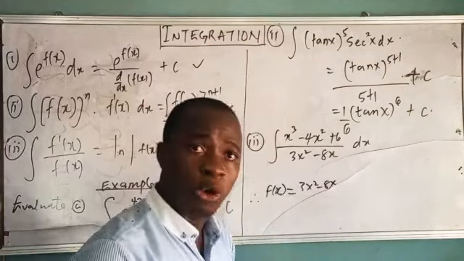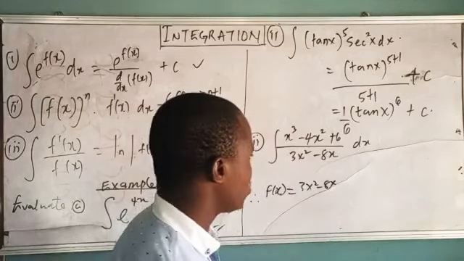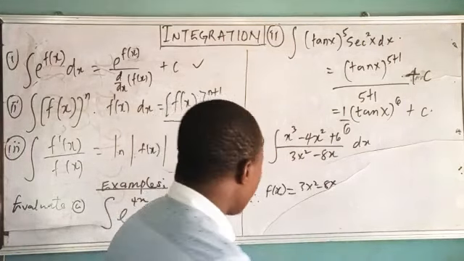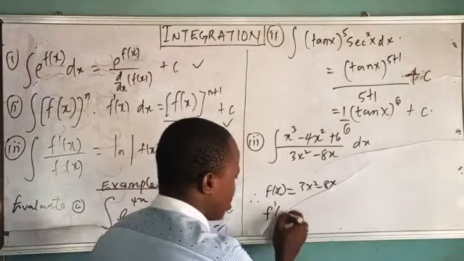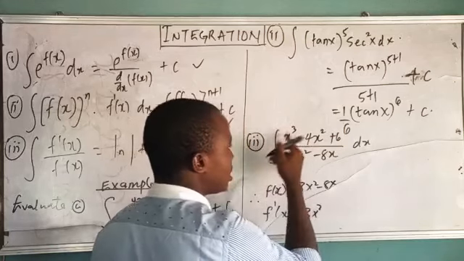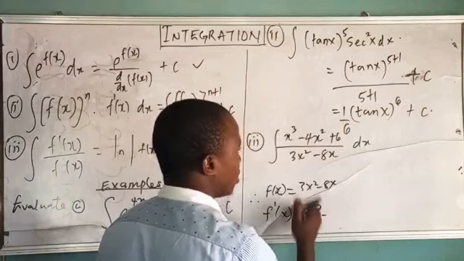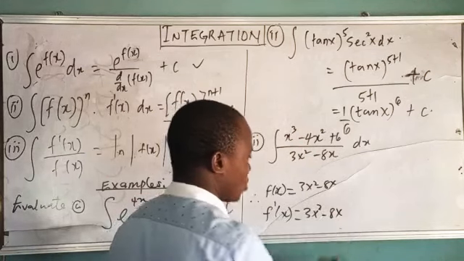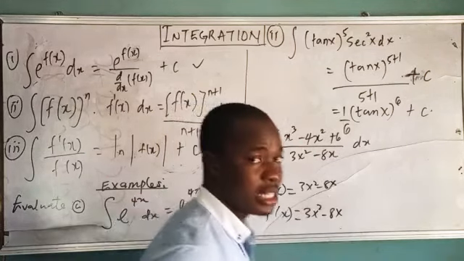Now look at this numerator. Trying to differentiate this, what we have here is 3s squared minus 8s. You can see that this and this are the same thing.